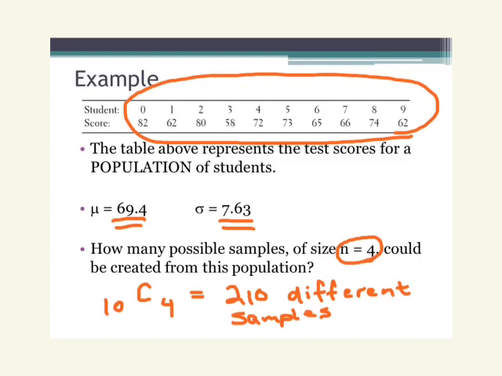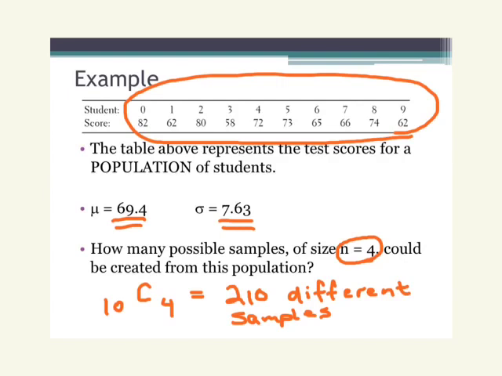Now, my original plan was to figure out all 210 of these different samples and actually display that for you. Then I started working on that, and I realized this is going to take forever. So I haven't created the actual sampling distribution, but I did create an approximation of it.